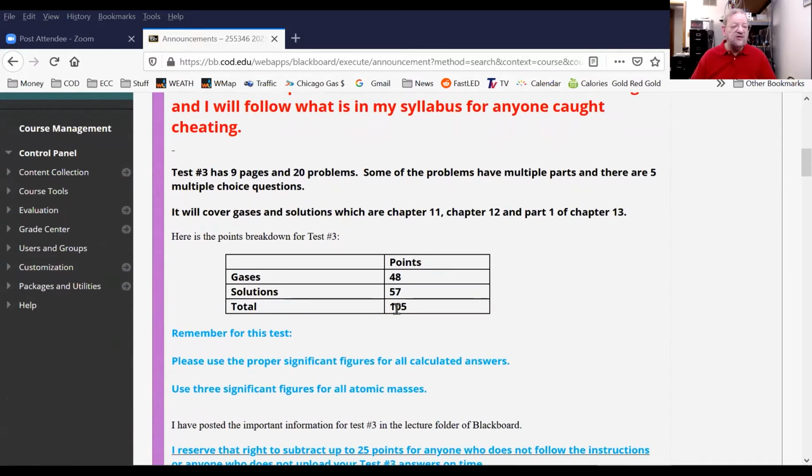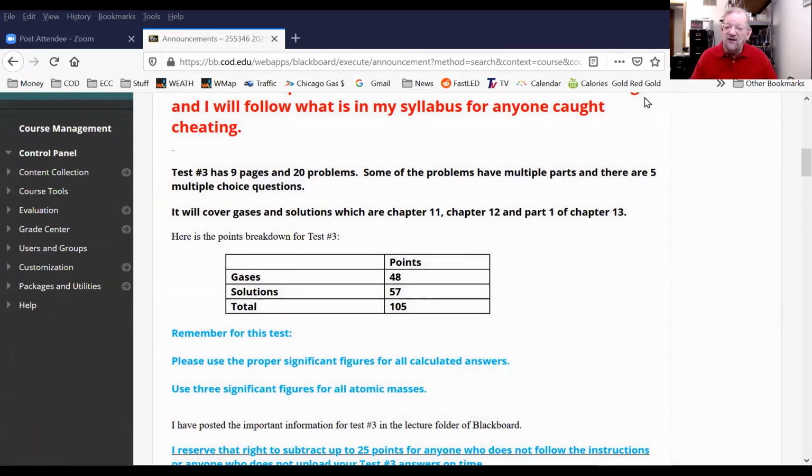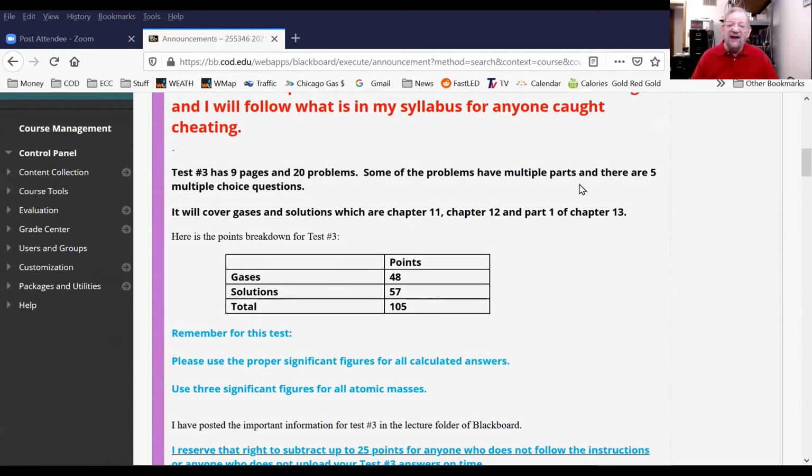Now, test number 3 has 9 pages, 20 problems. Some of the problems have multiple parts, like A, B, and C, and there are 5 multiple choice questions. It will cover gases and solutions, which is chapter 11, chapter 12, and part 1 of chapter 13, which is in the same file as chapter 12.